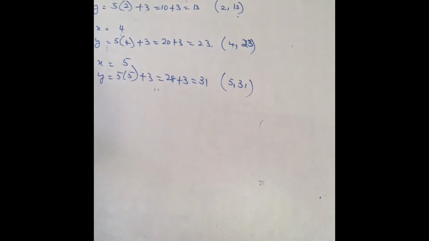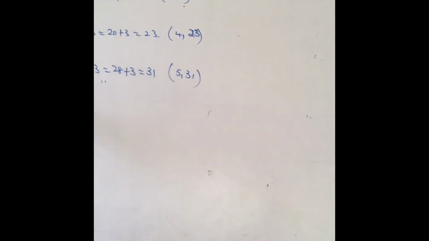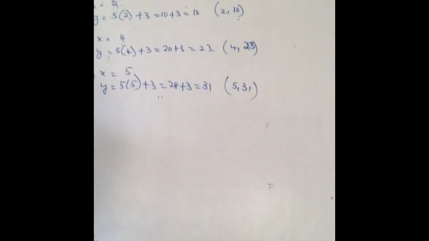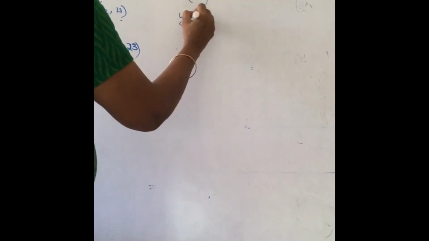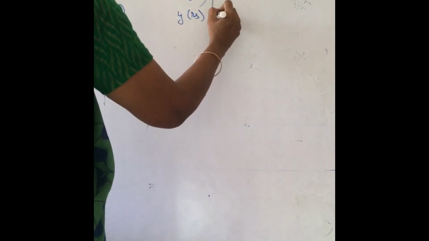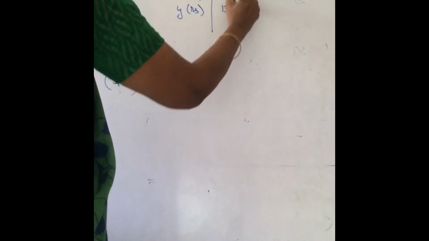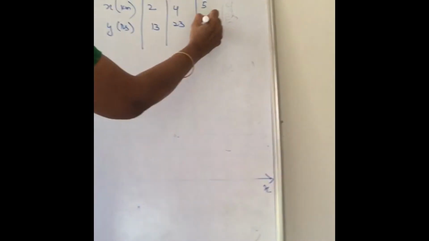Because both the terms x and y are positive, children. You can just do the division as such. Your box: x in kilometers, y in rupees, and we have 2, 13, 4, 23, 5, 28.